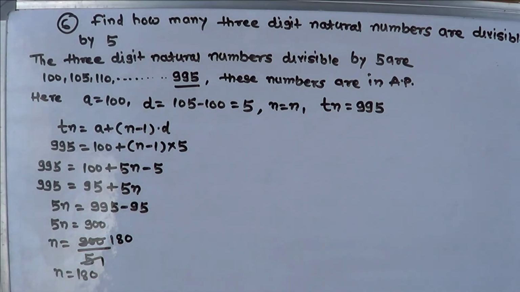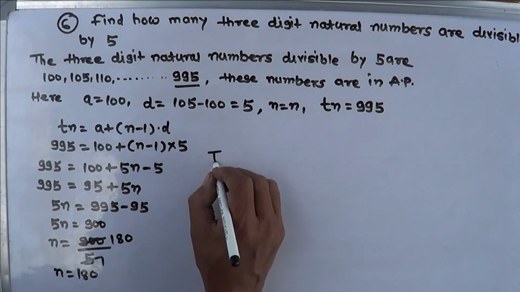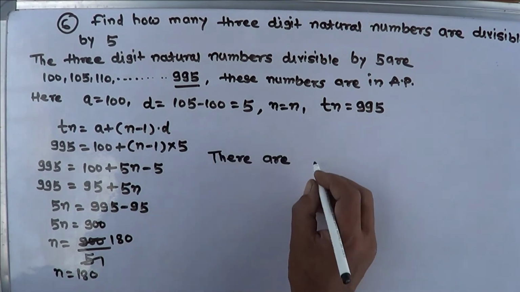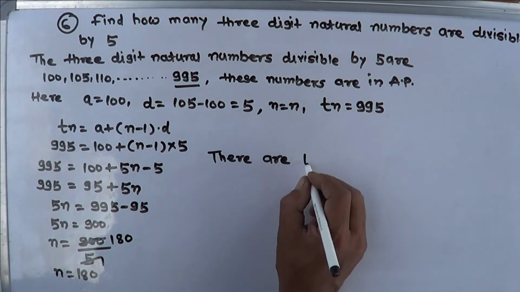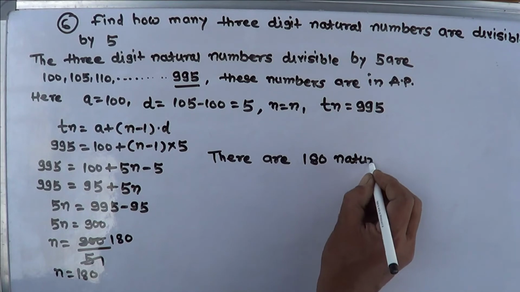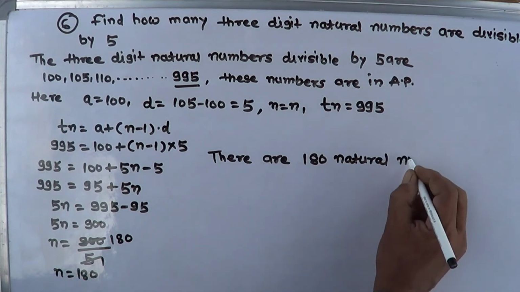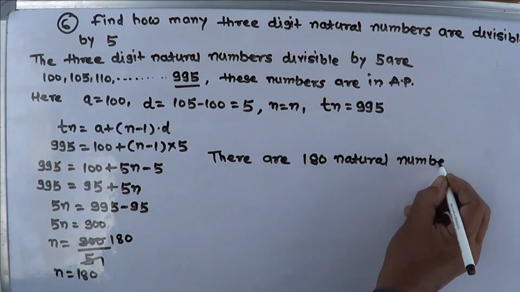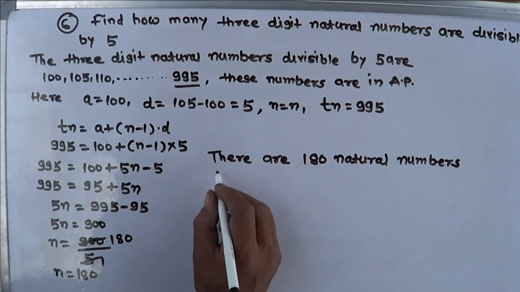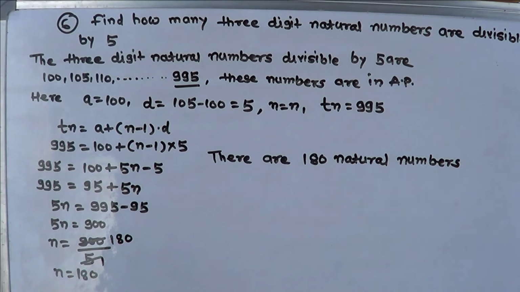So there are 180 numbers, or 180 natural numbers. So there are 180 natural numbers.